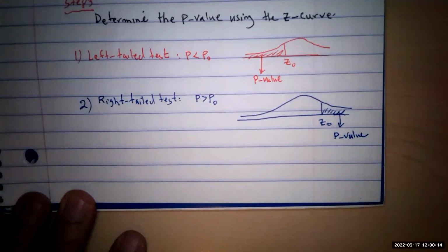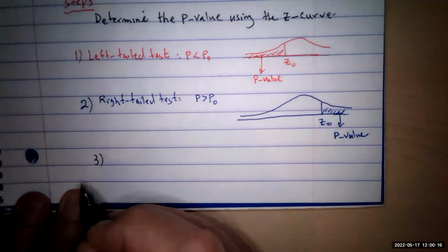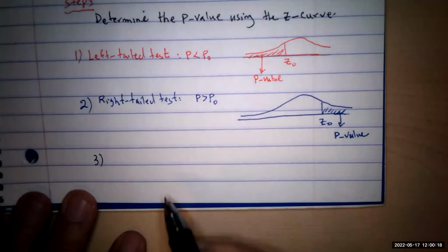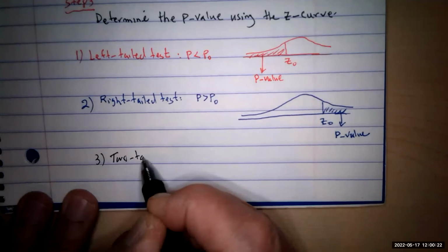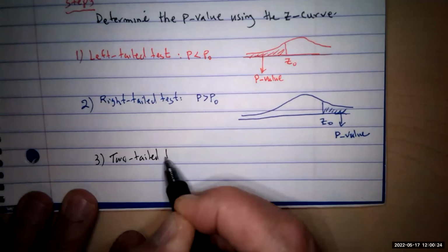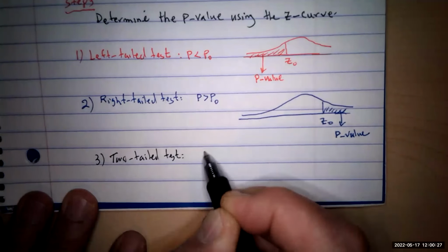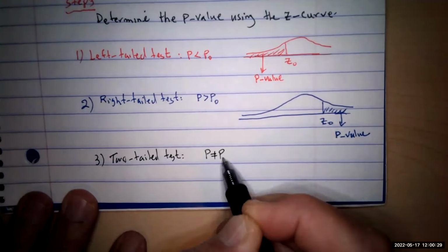And the third case, when it's different, it's going to be a two-sided one. So two-tailed. Okay, two-tailed test is the fact that the proportion is different from whatever is given.